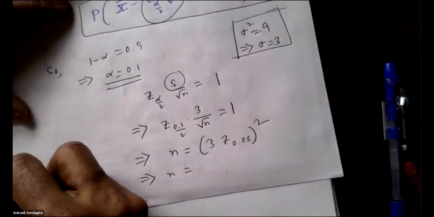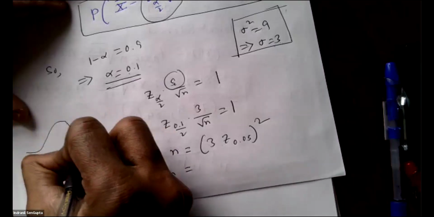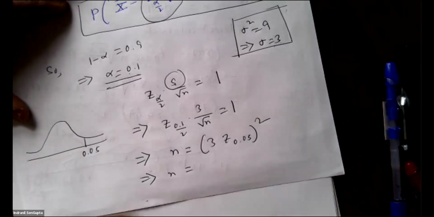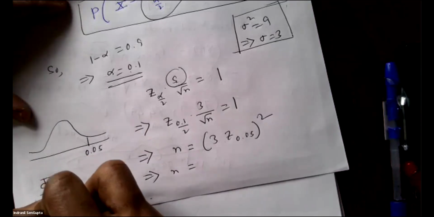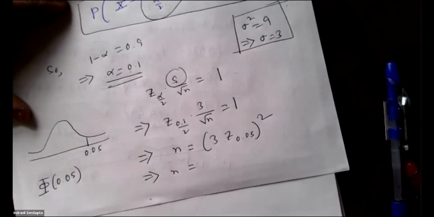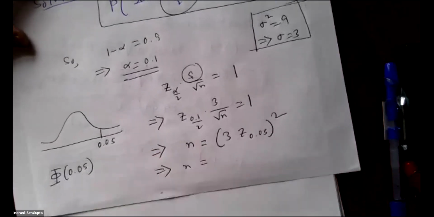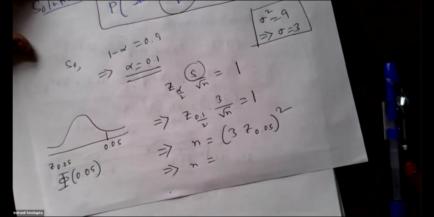This is 0.05. How do you find this? This is essentially what we called phi of 0.05, and that we can find, so this is really z of 0.05.